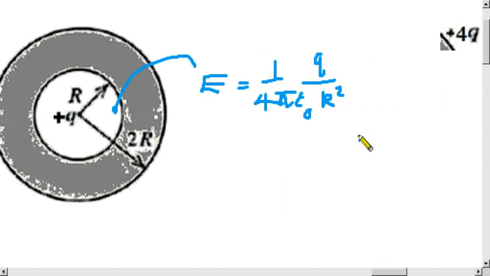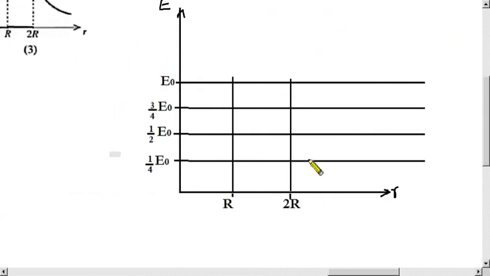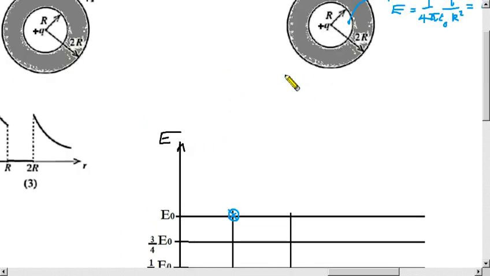We take this one as E naught. So we mark it on the graph paper, on the grid: when the distance is R, the intensity is E naught. So this point we get.